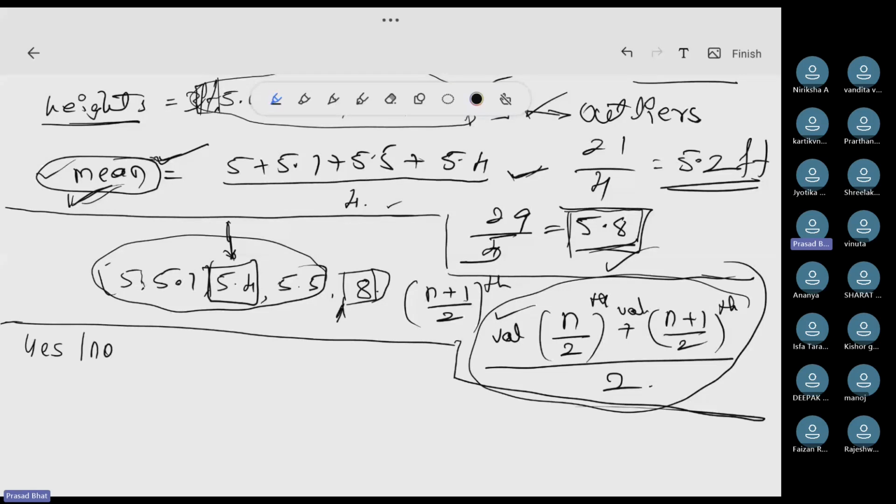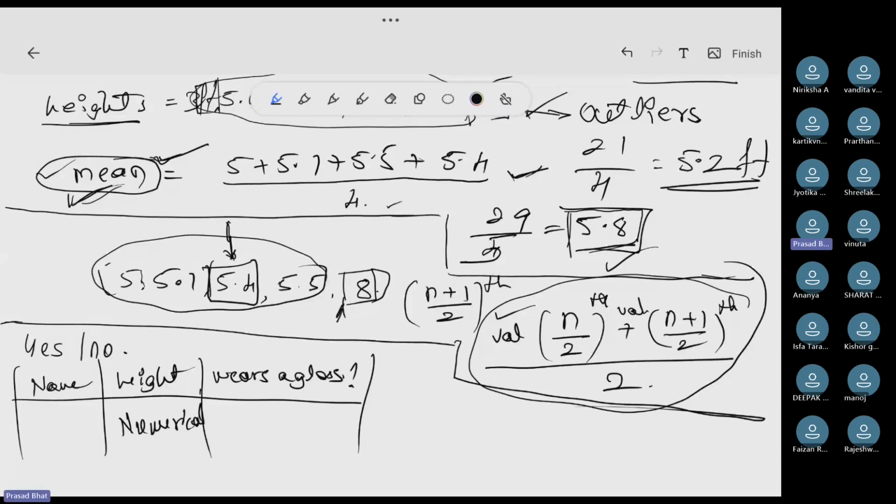I will have the data in such a way that it should contain the name of the student, maybe, and then height, then wears a glass, right? Now, the height is numerical, but here we can only have a yes or no. For these kind of values in the data, we cannot calculate either mean or median, right? Not possible. These are not possible for this kind of data, correct?